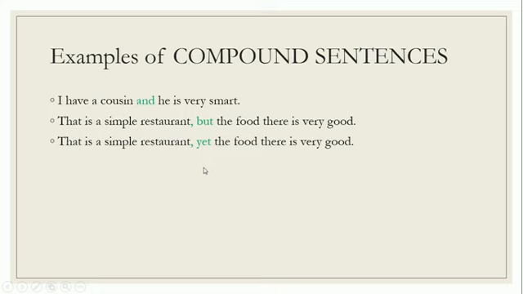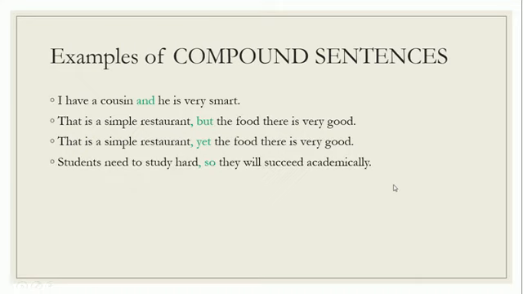Another example, we use yet. But and yet have exactly the same meaning. They are contrasting one statement with another. And then so, that is more on cause and effect. Students need to study hard, so they will succeed academically.